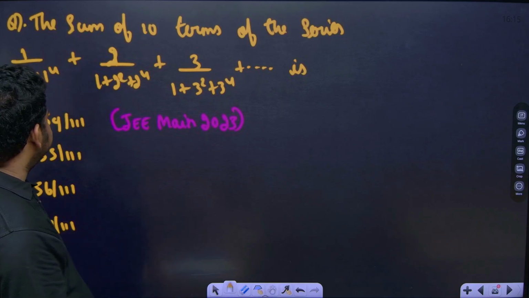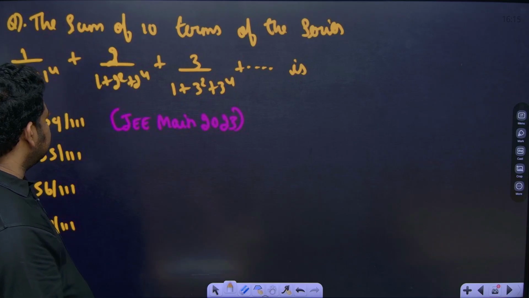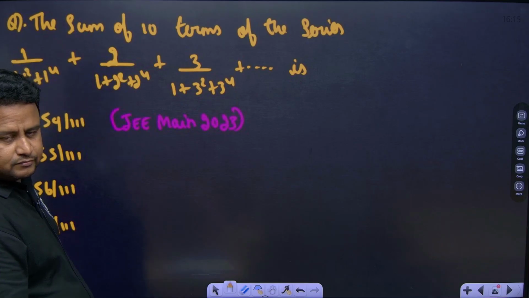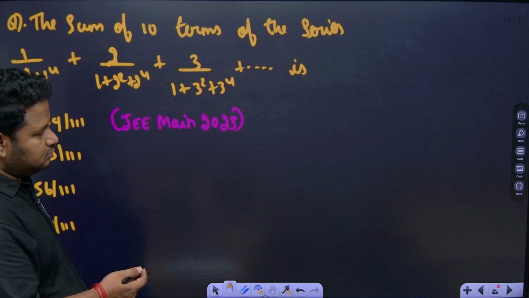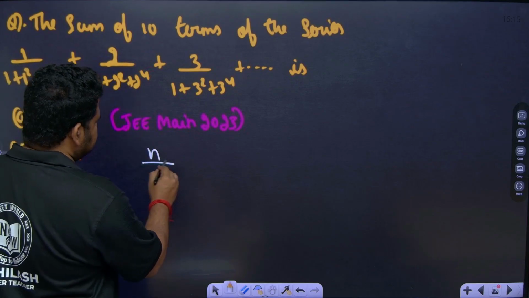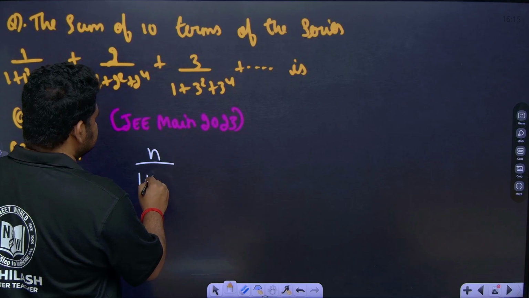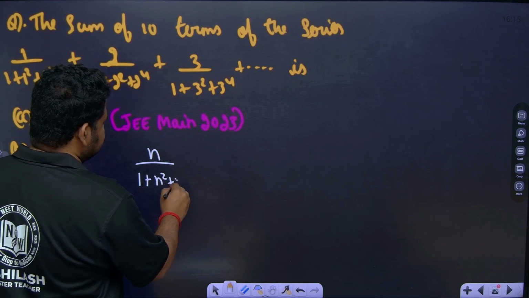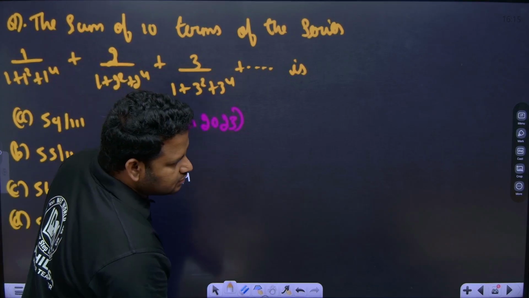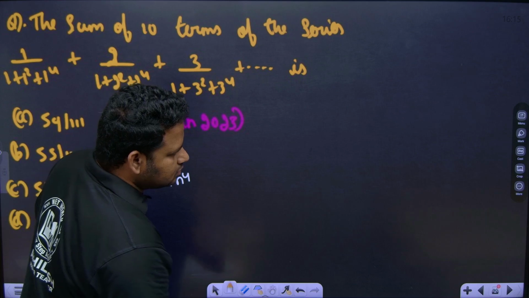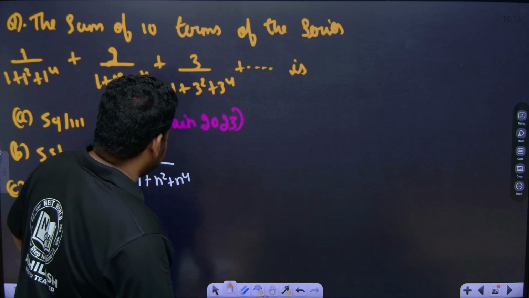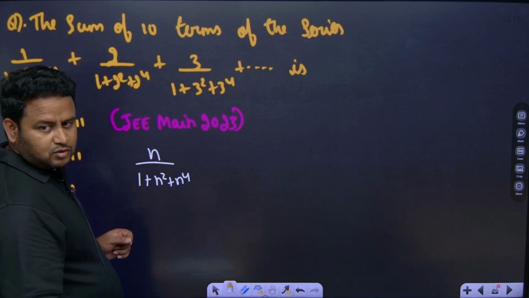This is nothing but equal to n by 1 plus n square plus n to the power of 4, correct? N by 1 plus n square plus n to the power of 4.